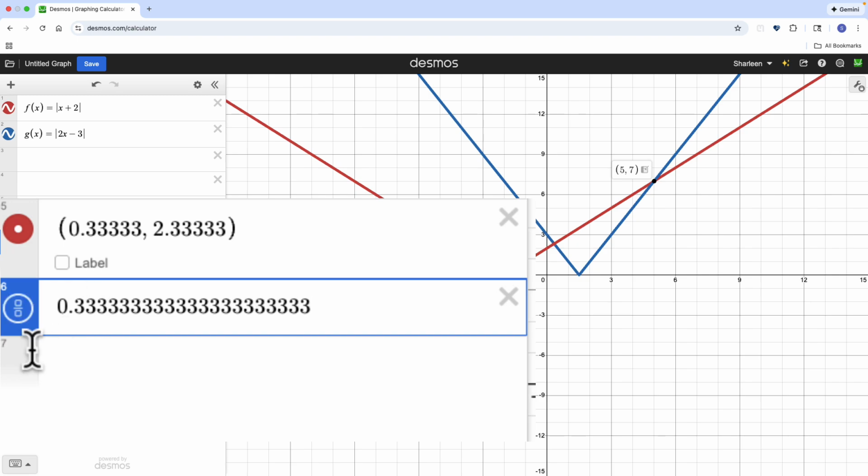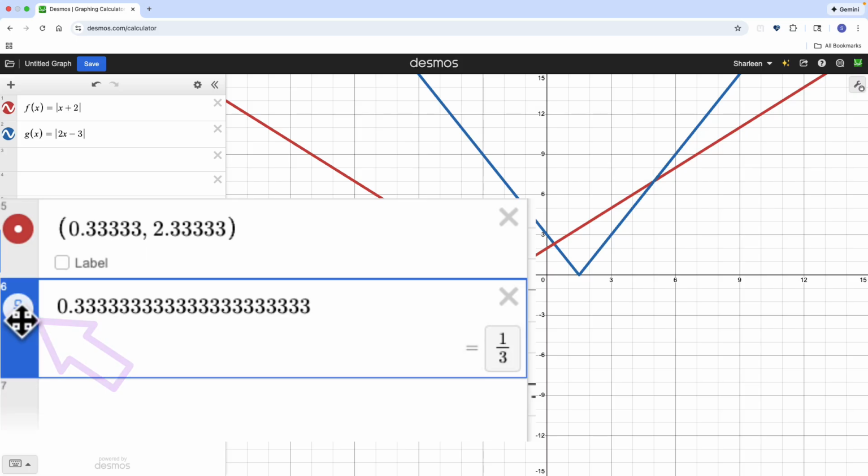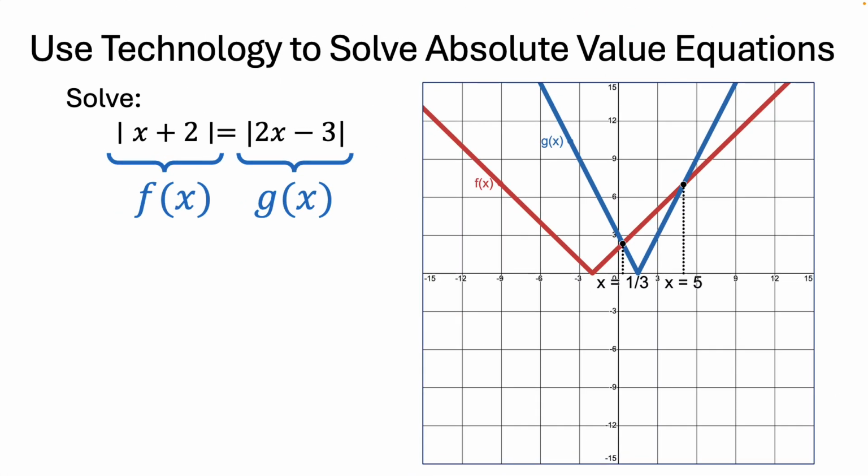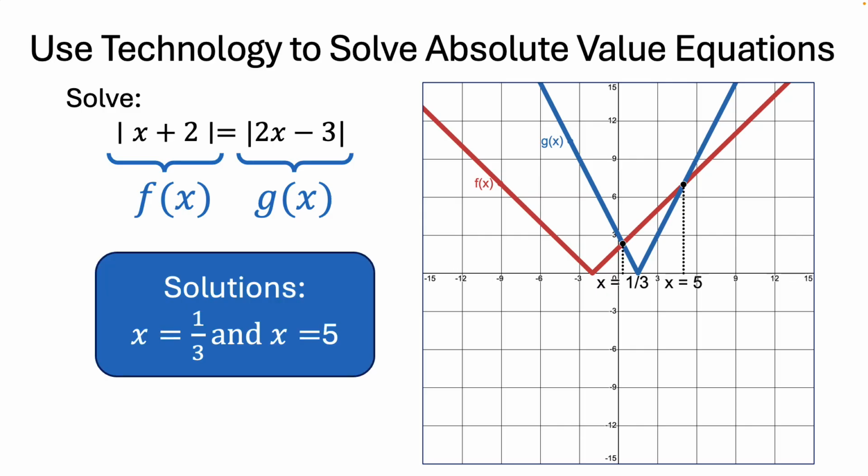And then just to the left of that, you'll see a little circle with a fraction bar. If you click on that, it will convert the x-coordinate of this point to a fraction, which it was in fact 1/3. We used Desmos to find that these two functions intersect at 2 points. That means that this equation has two solutions, x equals 1/3 and x equals 5.